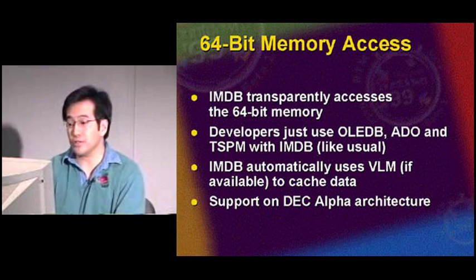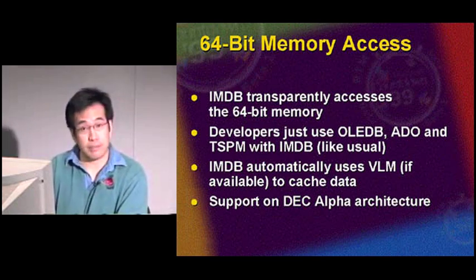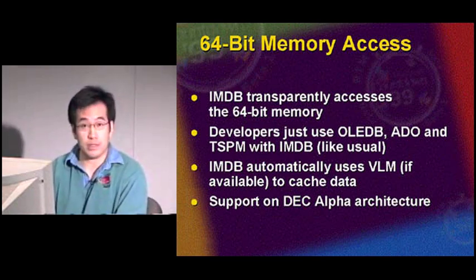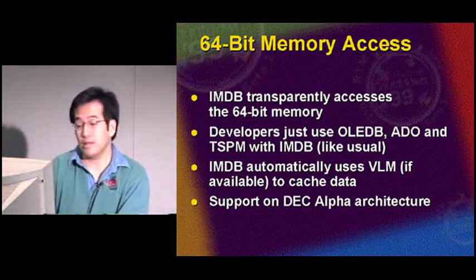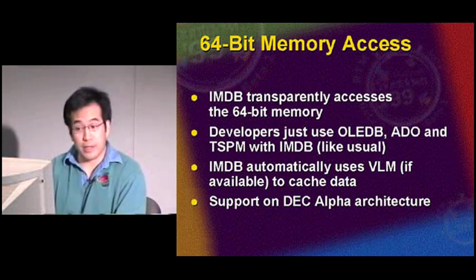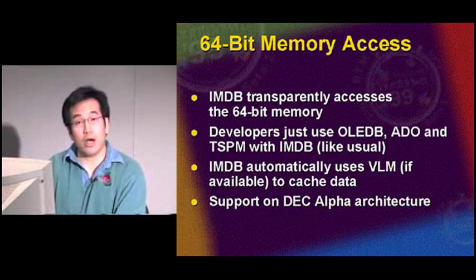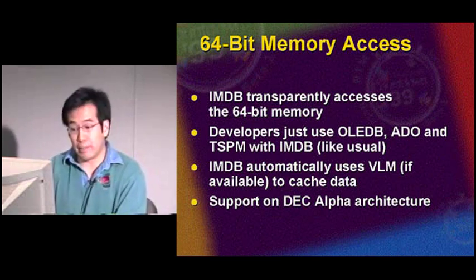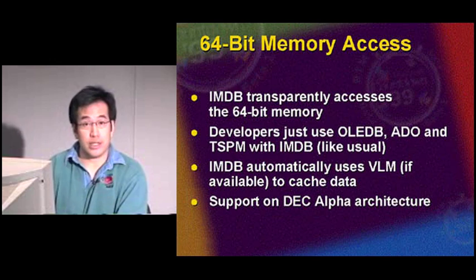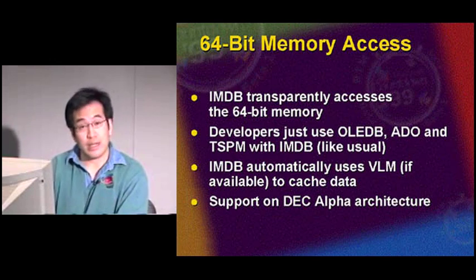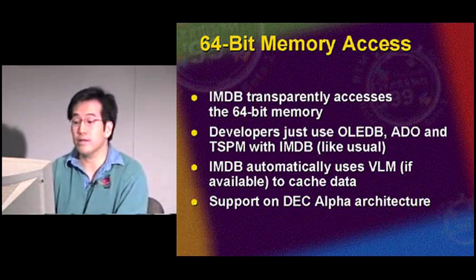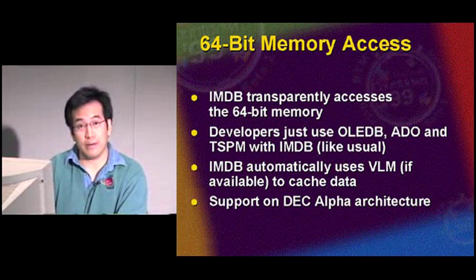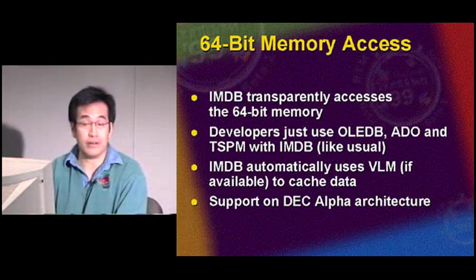Developers utilize OLEDB, ADO, and TSPARM interfaces with IMDb like they normally would. But IMDb transparently under the covers will automatically make use of VLM, or very large memory, APIs in order to cache data into a larger memory space if that VLM architecture is available to it. Currently, there is support for VLM on the Digital Alpha architecture.